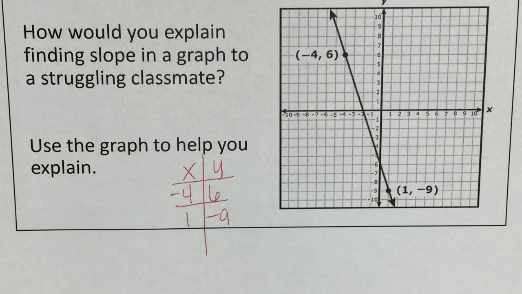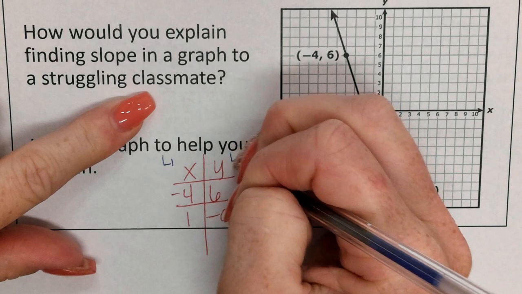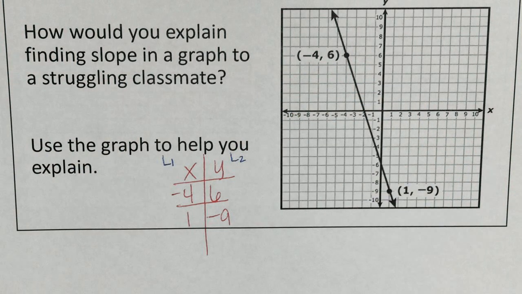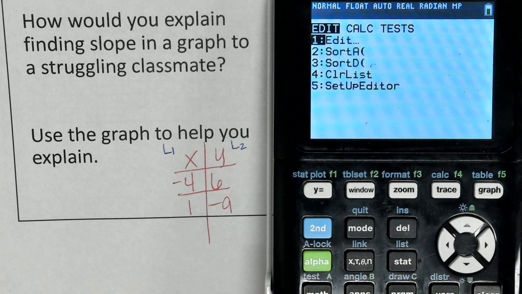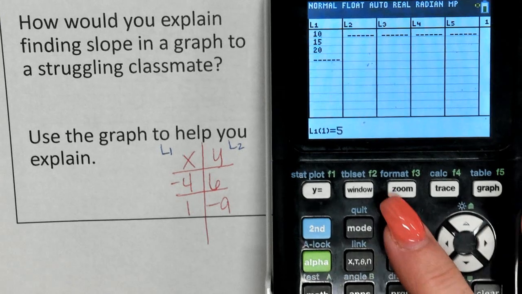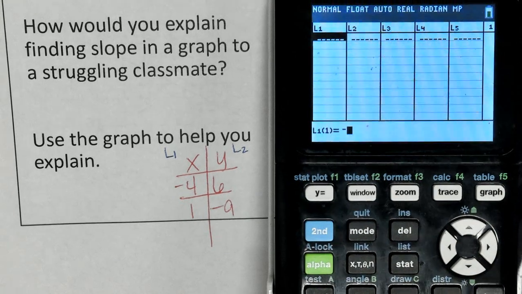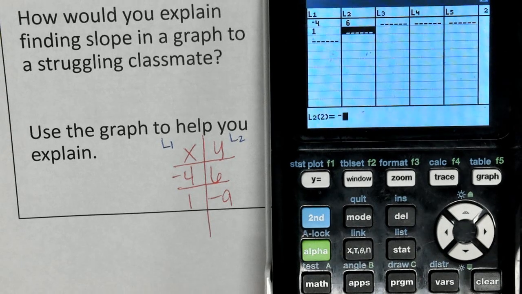Now it's super easy to look at it from stat because the x's go in L1 and the y's go in L2. So you go to stat, edit, delete whatever's there with the delete button. Your L1 would be -4 and 1, and your L2 would be 6 and -9.